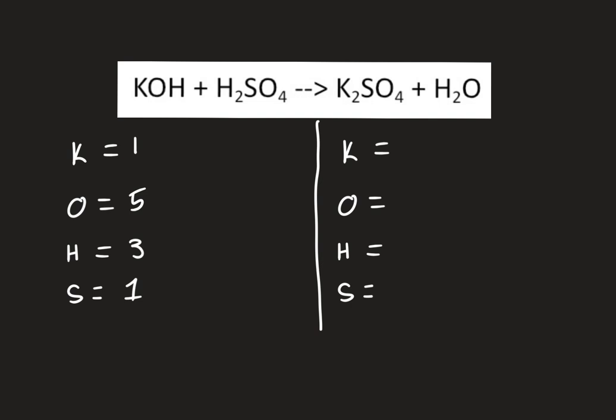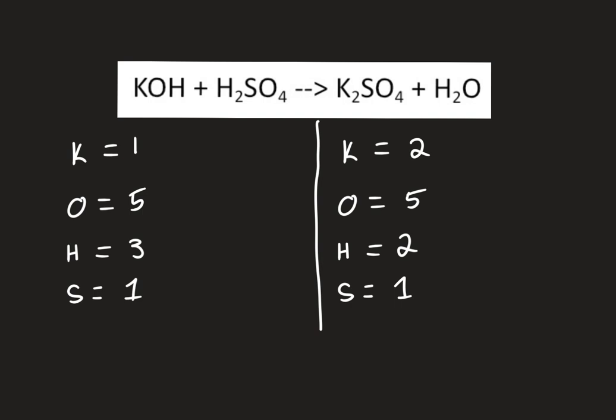On the right hand side, I have 2 potassiums, and I have 5 oxygen atoms and 2 hydrogen atoms and 1 sulfur atom. So the first thing that we can't get away without changing is the fact that we have 1 potassium atom on the left and 2 on the right.